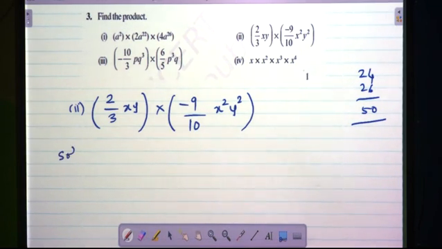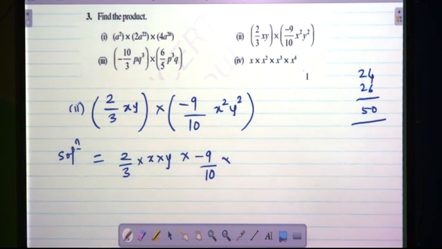How to solve it? Again in the same way, here I am writing an equal to sign, which indicates that in front of this I am solving. Instead of writing it directly, I will write the equal to sign here. So it is 2 upon 3 into x into y into minus 9 upon 10 into x square into y square.